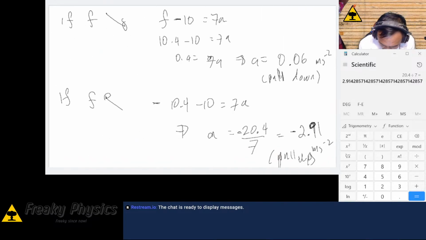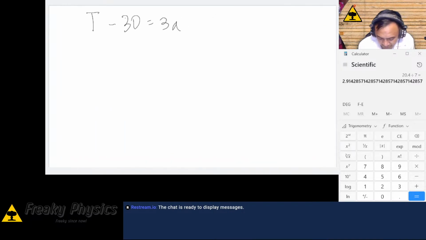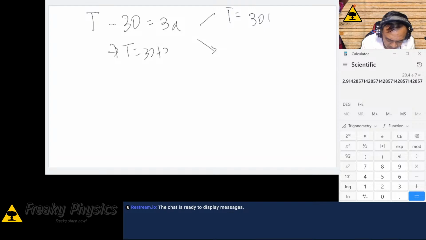So finally, we have these possible values for a. What is the actual value for T? If we put that in, T would be equal to 30 plus 3a. We put our values of a in.